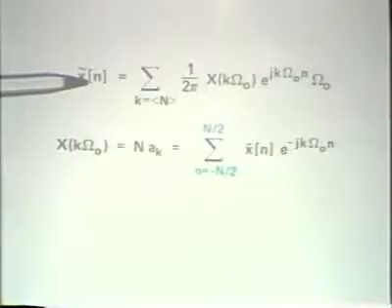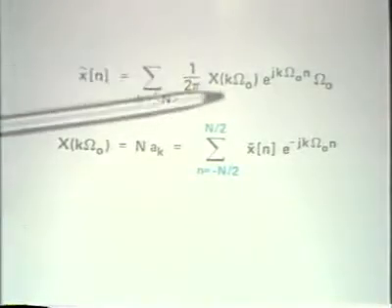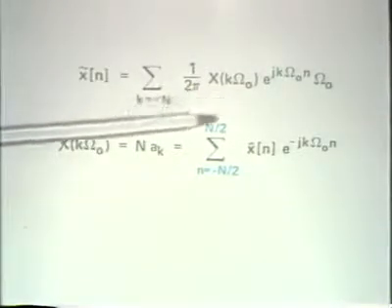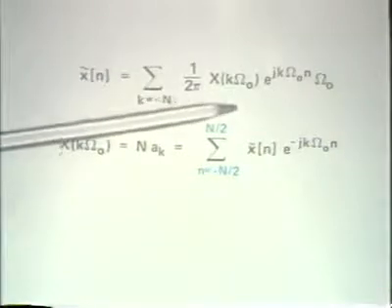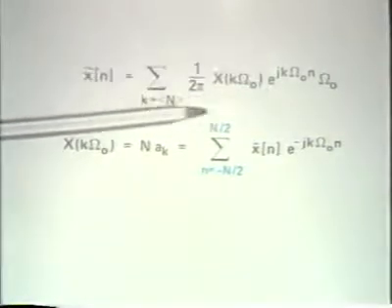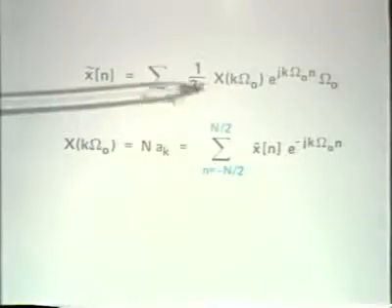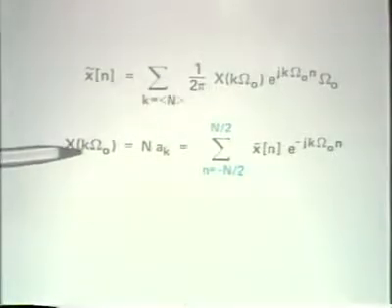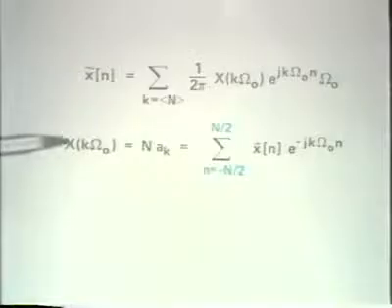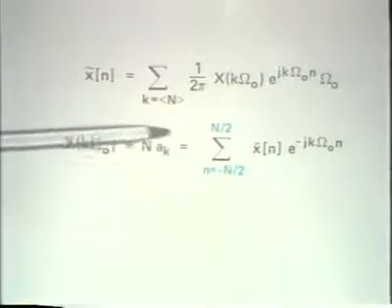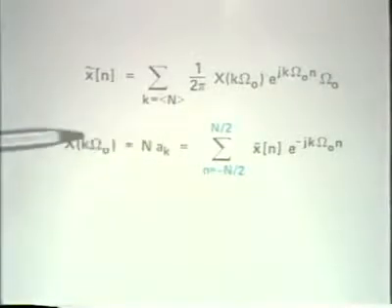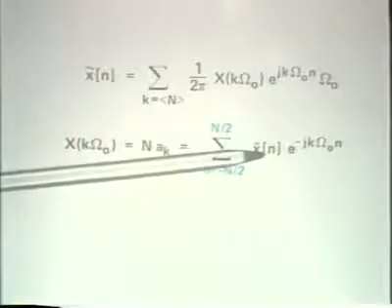Here is the representation through the Fourier series, and here is the representation through the envelope function. This is the Fourier series synthesis equation, where the equation below tells us how we get these Fourier coefficients, or the envelope, from x of n.